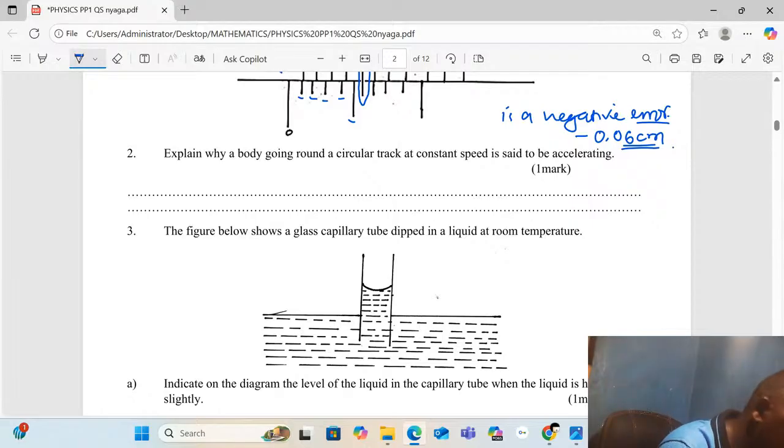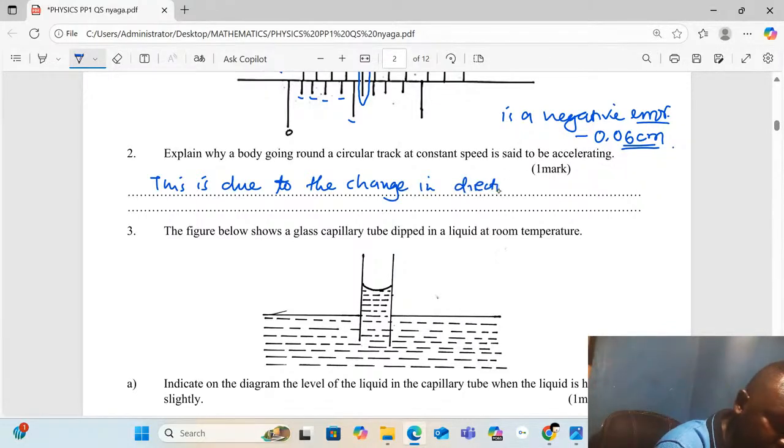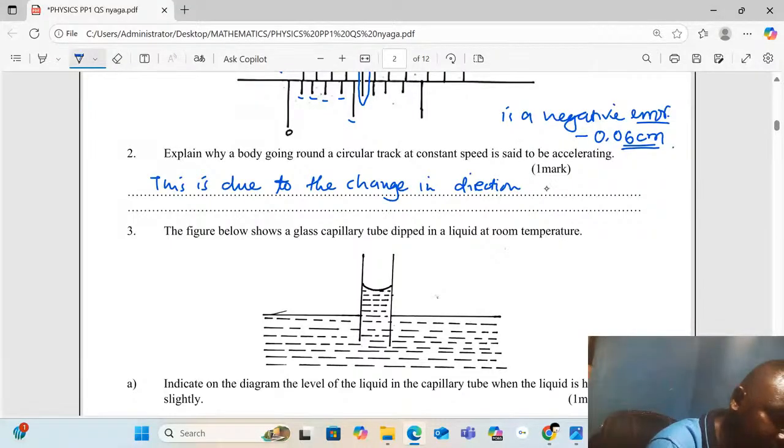So you can say this is due to the change in direction of speed at any instantaneous point.